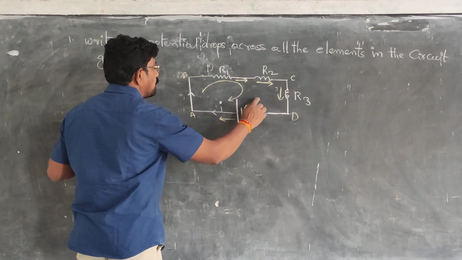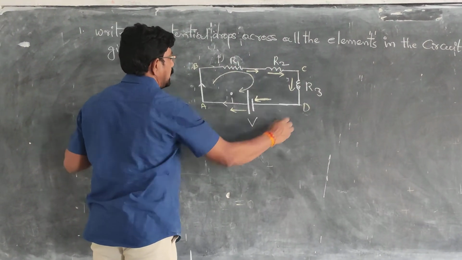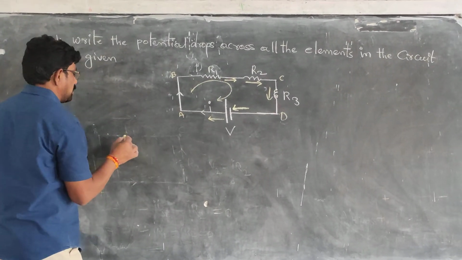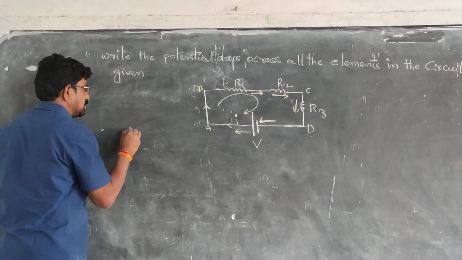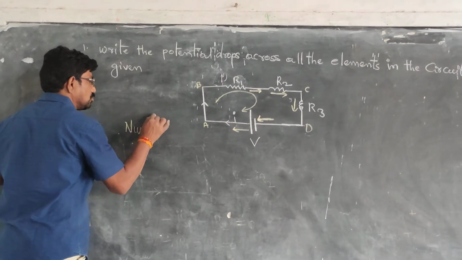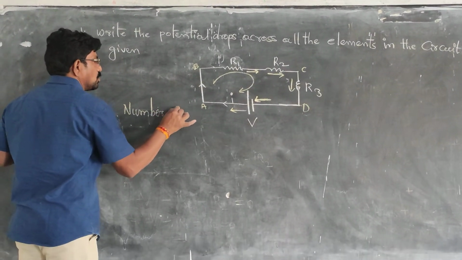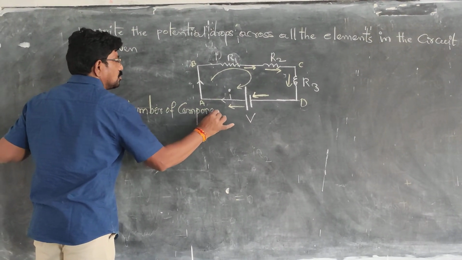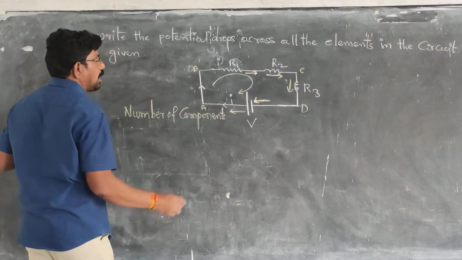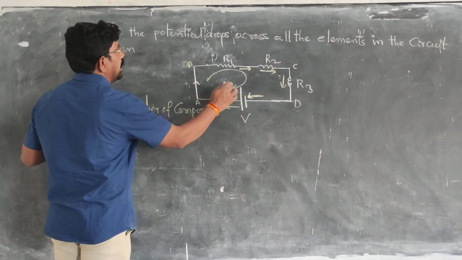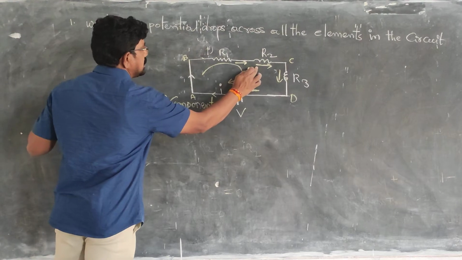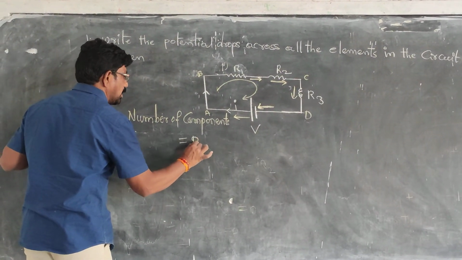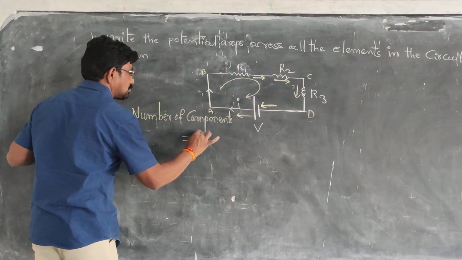I am moving in the clockwise direction within the loop A, B, C, D. What are the components? How many elements are present? First list out the number of components or elements. A battery is there, and a resistor is there, another resistor and another resistor, all together 4. 3 resistors, 1 battery, that is all together 4.